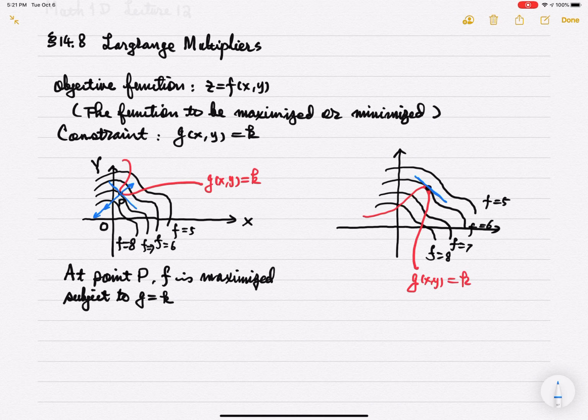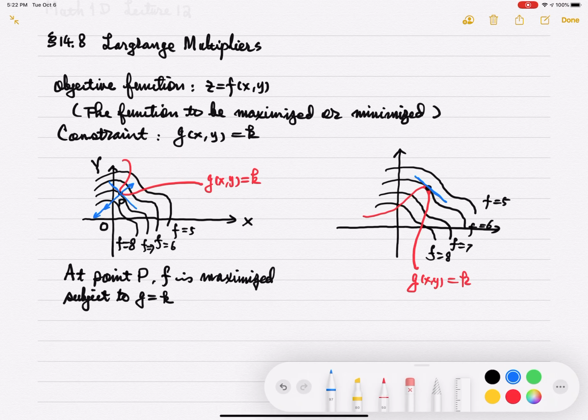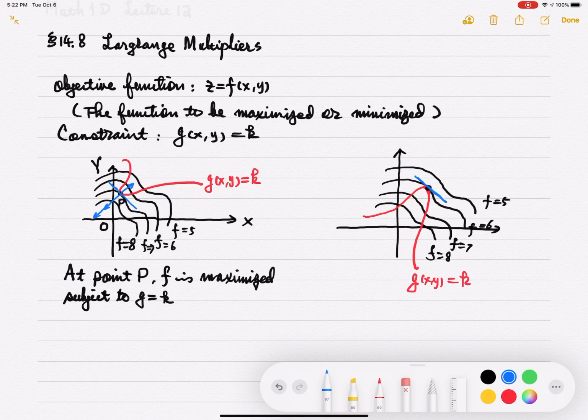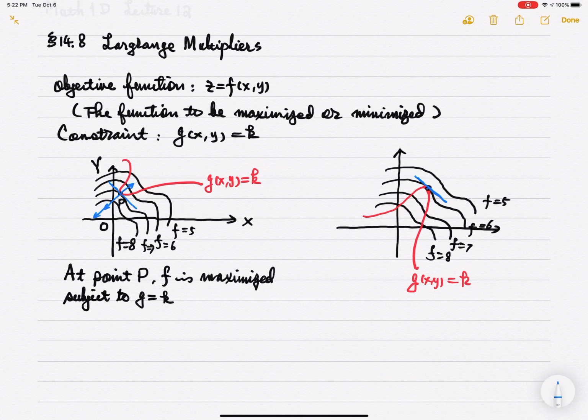Well, now, let me point out that here we say the gradient vector is perpendicular to the tangent line. So that means it may point this way. Well, you see, f is pointed this way because the gradient vector points in the direction the function increases most rapidly.